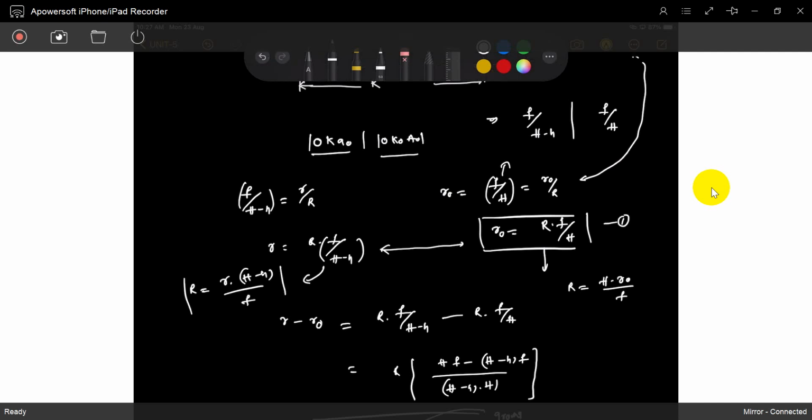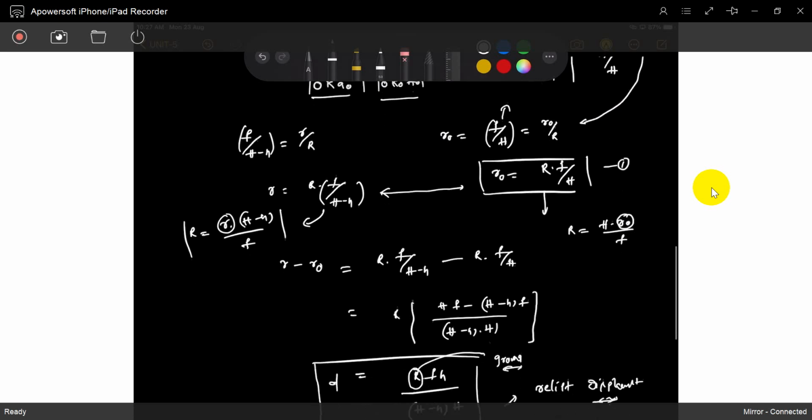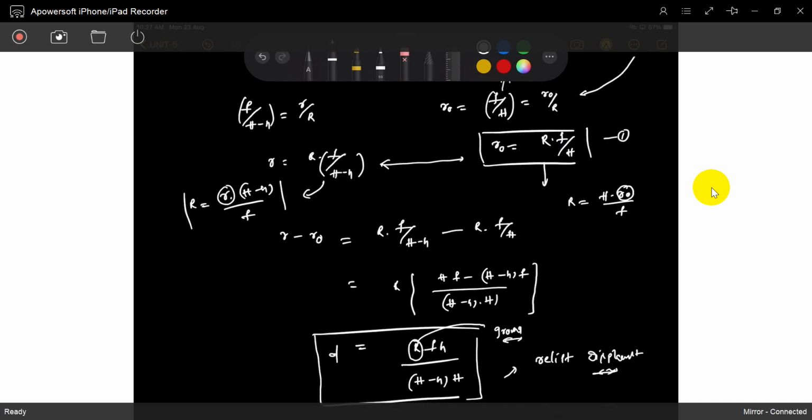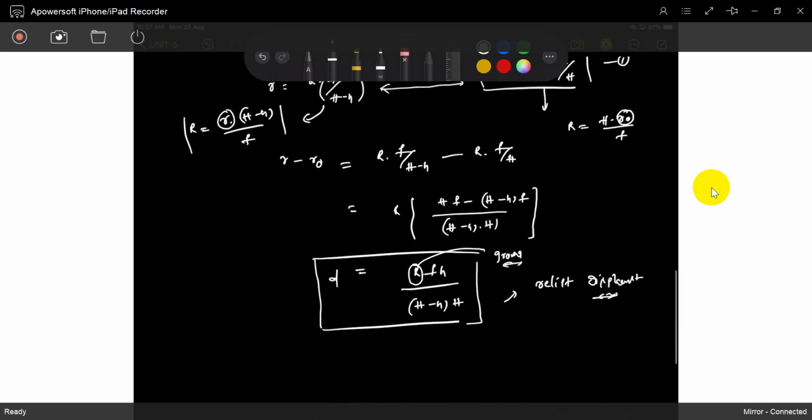You can write it down because this r naught is on the photograph. We can directly take the values on the photograph. So no need to put capital R, because this is the ground distance, ground parameter. So we will remove it and replace this capital R with these values. So replace it.